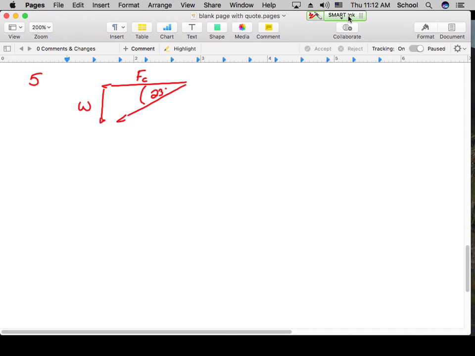Since we know the mass of the plane, that's going to be 1.25 times g. That's going to go on this side, and so we can easily solve for FC. This is opposite, that's adjacent, so we're going to use tangent. Tangent of 23 equals 1.25 times 9.81 over FC. These two will trade places.